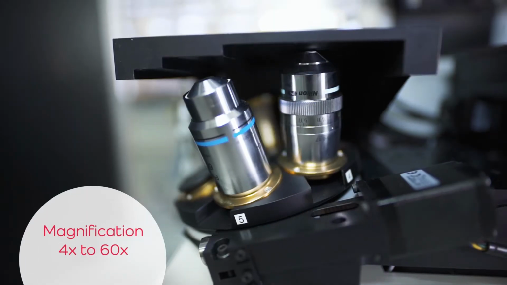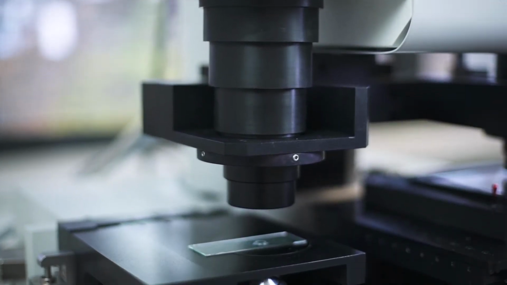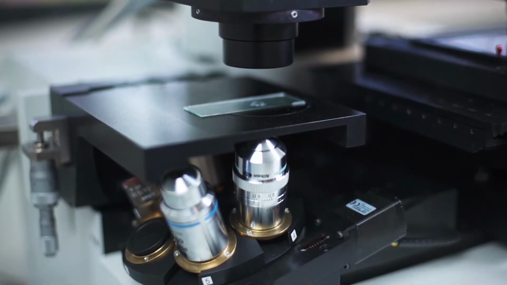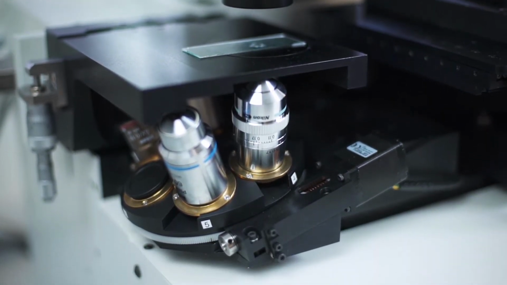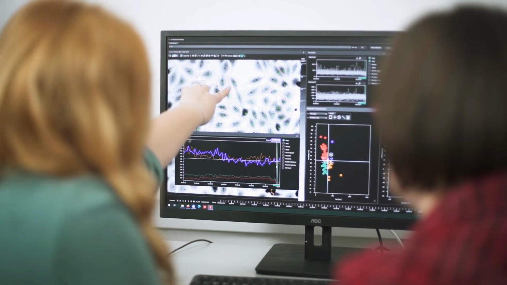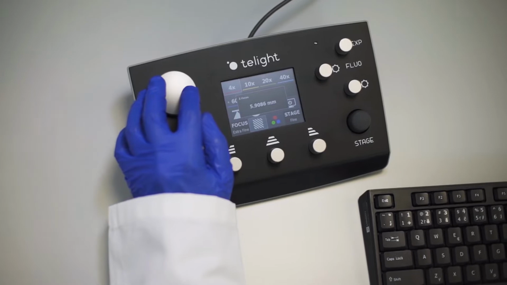For dynamic analysis, we use the 10 times objective because we have a very large field of view. And next we can use the 20 times and 40 times objectives to check the morphological changes in the cells, because we can see the vacuoles, membrane, nucleus, and many other parts of cells.